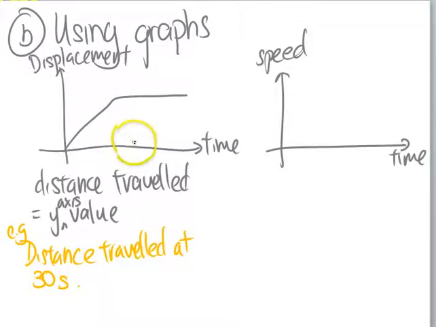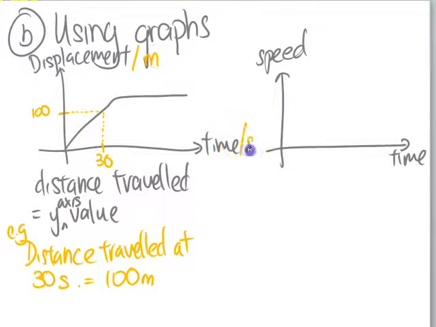I'll find out where 30 seconds is, maybe here, and draw a dotted line across. This value over here is maybe 100. So the distance traveled at 30 seconds equals 100 meters. It means that at 30 seconds, my object has already traveled 100 meters. Take note of the units here: seconds and meters. This is how we use the displacement time graph to calculate distance traveled.